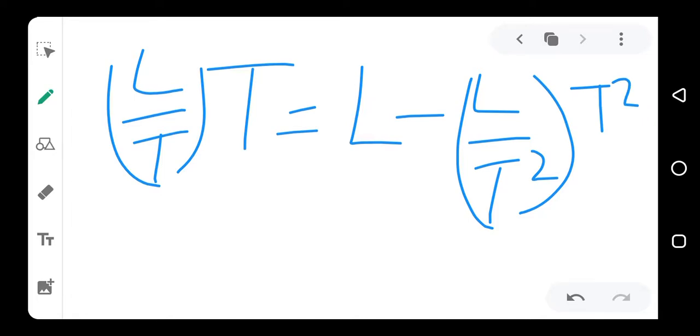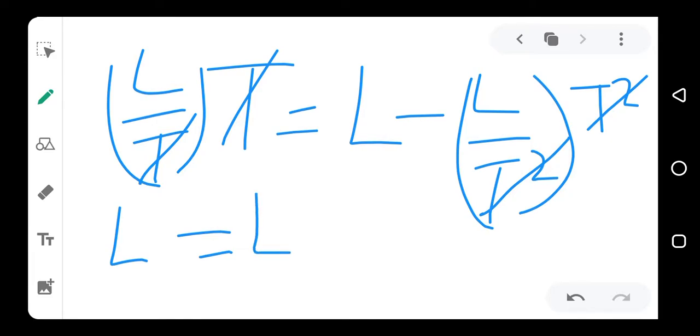This cancels this, then T here cancels T here, and so we have only L here, equal to L minus L remaining here. So we have the same thing everywhere, and the equation is verified.